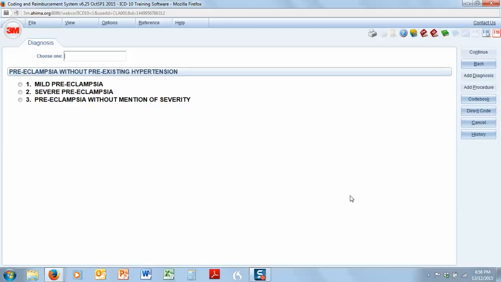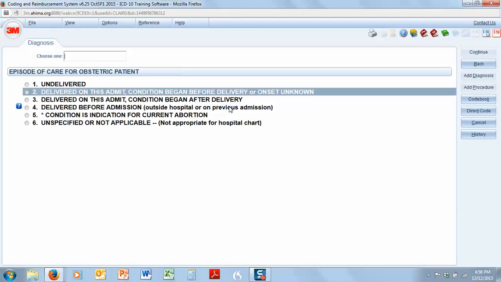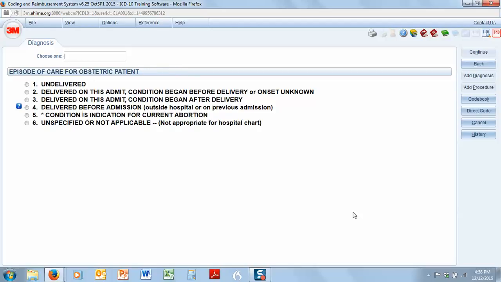Now, it's going to ask us what type of preeclampsia she had, and it specifically states she was admitted to the hospital for severe preeclampsia. So we're going to pick number 2. Now, it's going to ask us the episode of care for this patient. So was she undelivered? Nope, we did deliver the baby. Was she delivered during this admission, but the condition began before delivery or onset was unknown? Delivered on this admission, but the condition began after delivery?